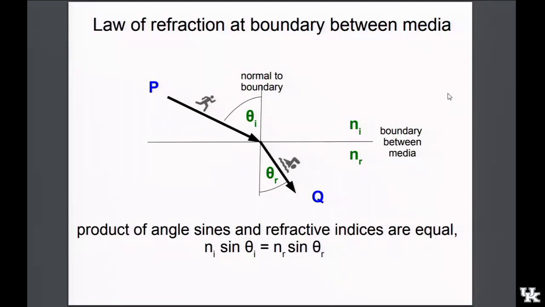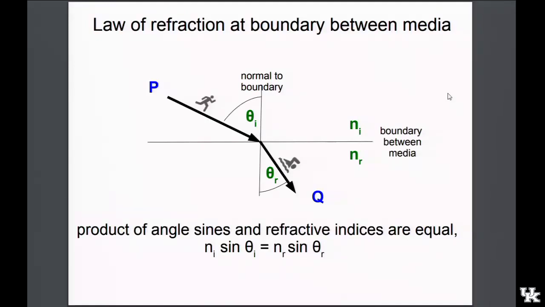So in the picture, upstairs here above the horizontal line is one optical medium. Maybe a good example for today's class is this is air. And then downstairs here below the horizontal line is another optical medium. A good example for this class would be glass. These two media, say the air and the glass, are characterized by two refractive indices that describe their optical properties.